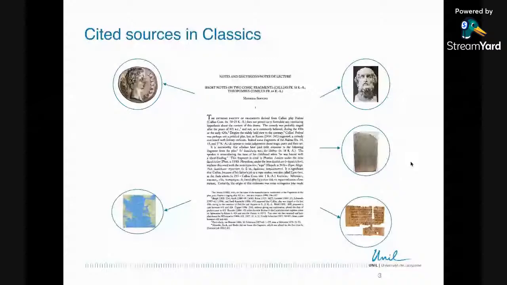There can be mentions of other types of texts, like inscriptions, papyri, and also of other objects beyond text, like, for example, coins or museum vases. So all of this makes for literature that is extremely rich and dense in terms of these references.